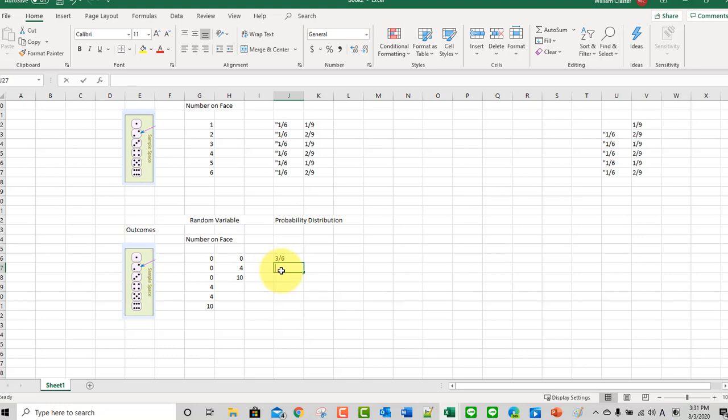So let's say that's 2 out of 6. And then how many ways were there to get 10? Suppose this gave us 10 triangles, and this is the only one that gave us 10. So that would be 1/6. So this would be called the probability distribution for this random variable.